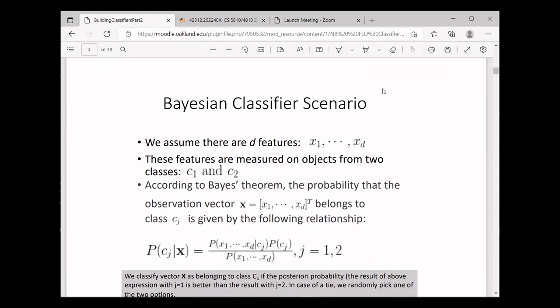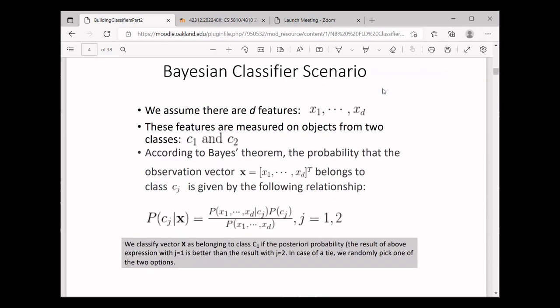So let's look at what is the scenario we assume when we talk about using or designing Bayesian classifier. So we will assume that we have D features. D is the dimensionality of our feature space. So we have D features. We can represent them using x1, x2, all the way up to xd.